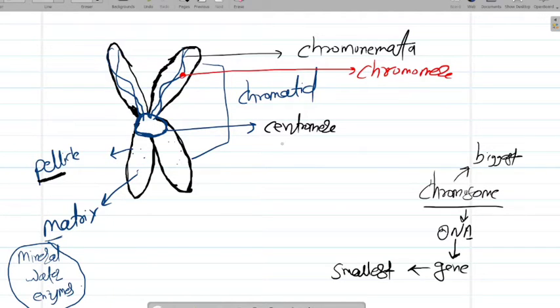Now as you can see, this middle part we can call a centromere. The centromere helps to attach the chromatid part. The arm of the chromosome is called a chromatid, and chromatids are joined via the centromere.